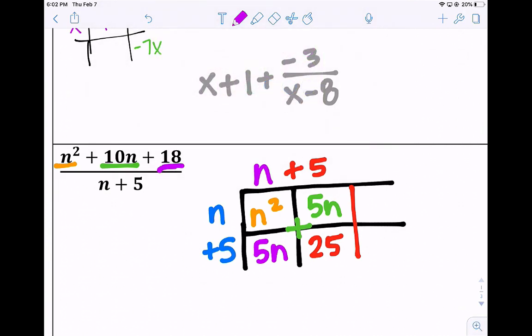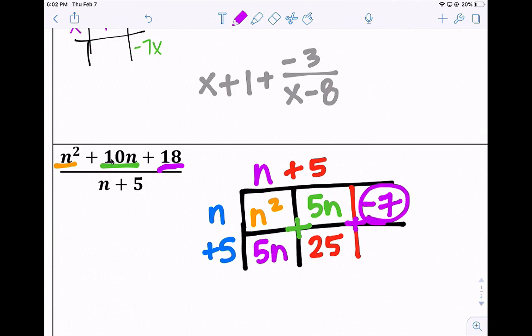So I need to figure out what do I add to 25 to get to 18. Well, I know I'm going smaller, so actually I'm going to have to subtract. So it's going to be a negative. Right? So to get from 25 to 18, you're actually going to have to subtract 7. So 25 minus 5 would be 20, minus 2 more would be 18. So that's minus 7. This is our remainder.